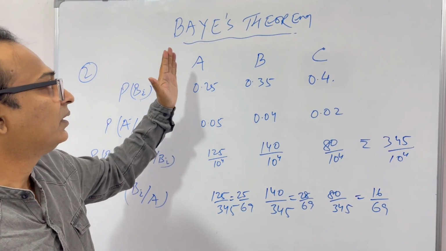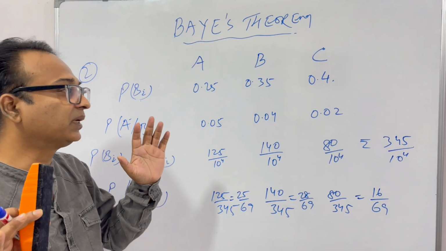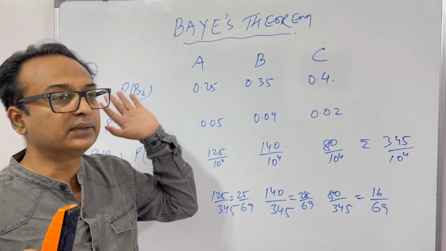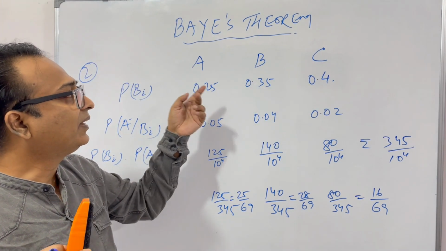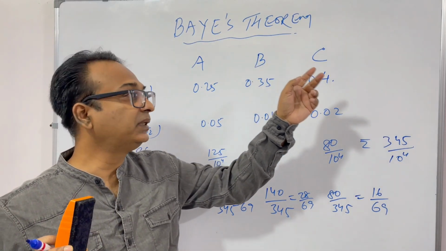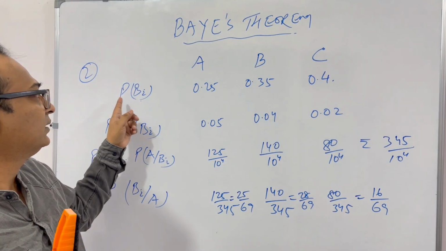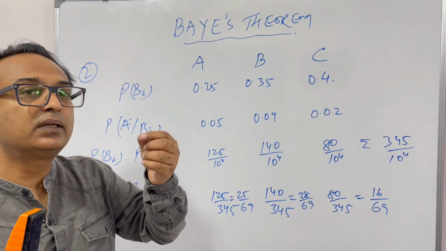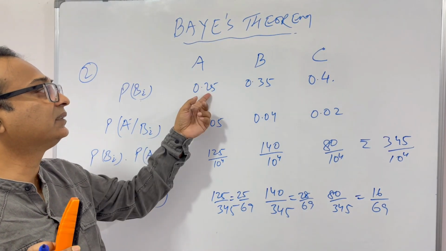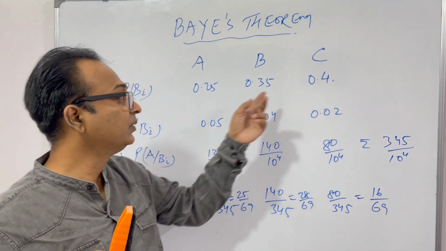So I am just summarizing it. We have 3 machines in the factory that produce bolts. Try to understand this properly so you will understand Bayes theorem. We have a factory with 3 machines, A, B, C, and 25% of bolts are produced by machine A, 35% by machine B, and the remaining 40% by machine C. So if we take a bolt, the probability of that bolt being manufactured by machine A is 0.25, by machine B is 0.35, and by machine C is 0.4.